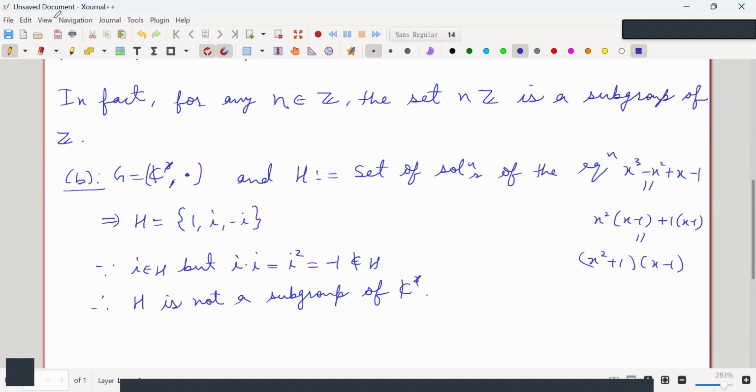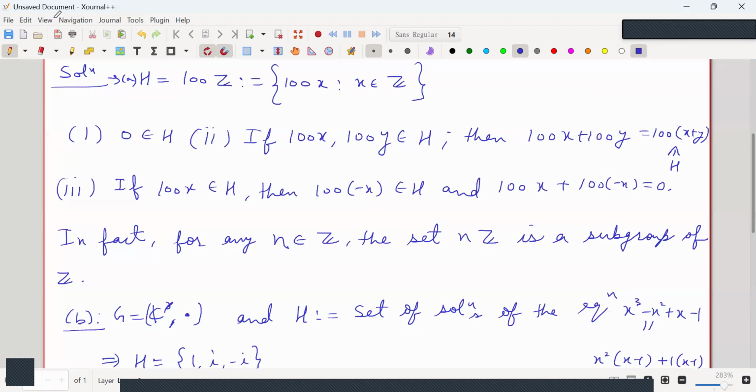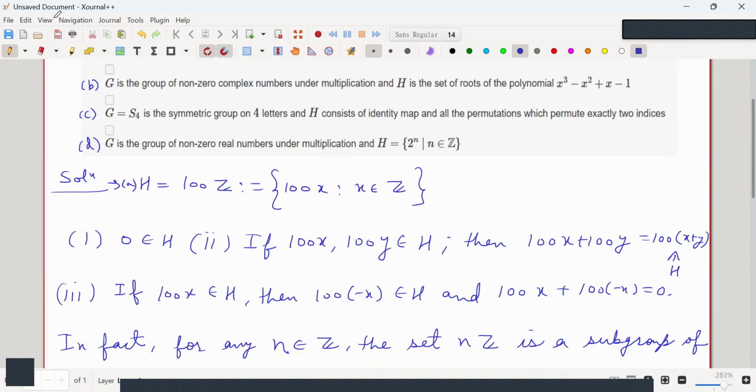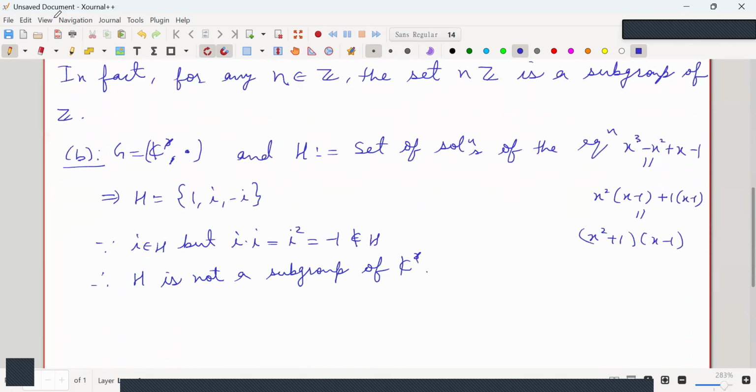Now, what about the next one? S4, the symmetric group on 4 letters, and H is the one which contains the identity map and all the permutations which permute exactly 2 indices, meaning just the 2-cycles and identity.